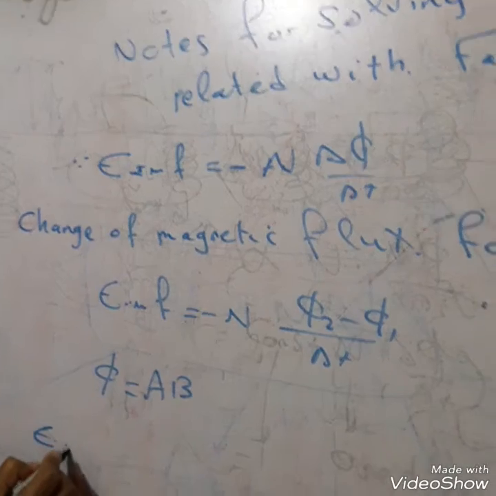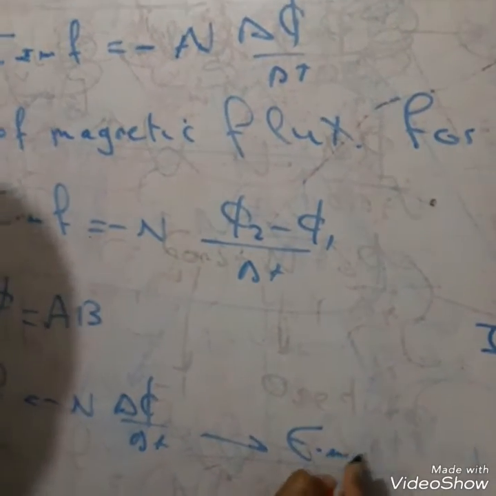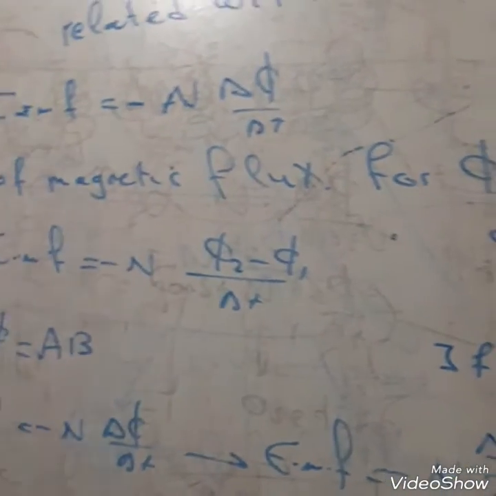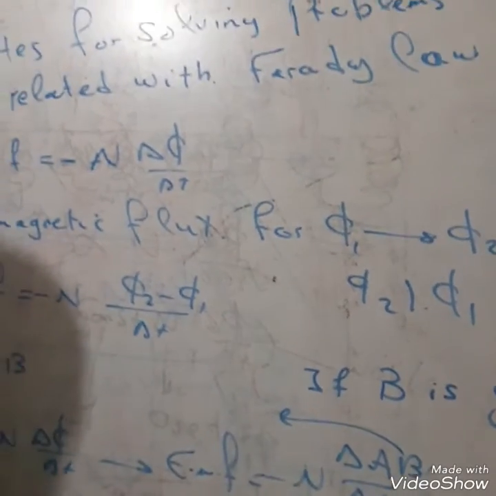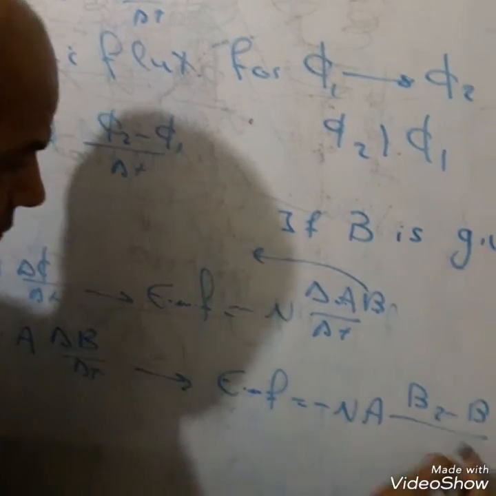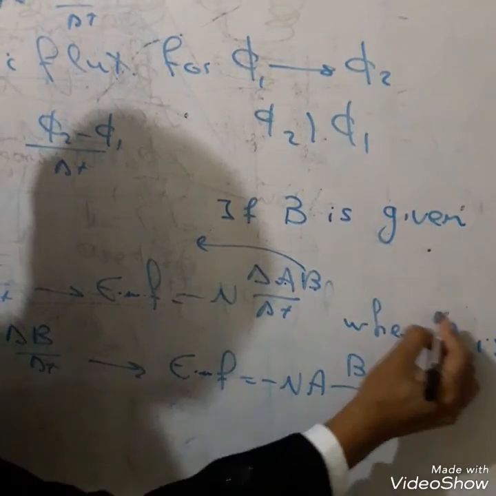So EMF equals negative N delta phi over delta T, which is negative N delta of AB over delta T. If B is changed and A is constant, EMF equals negative N A delta B over delta T. So I substitute EMF equals negative N A times B2 minus B1 over delta T, where A is constant.